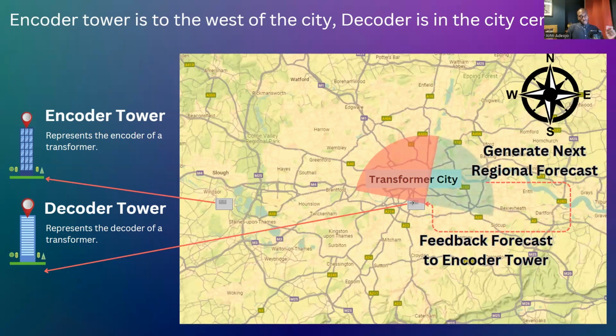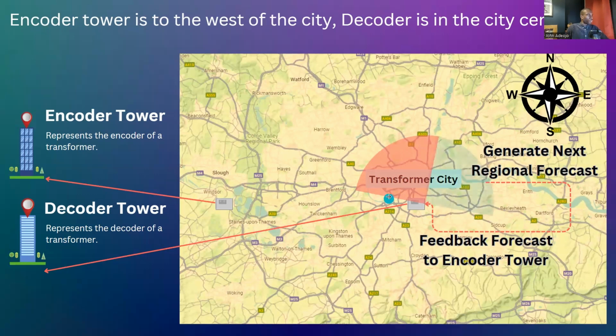Another thing that's really important to understand about the decoder tower is that it's not actually observing any weather data directly. Everything here that's been generated is a forecast. So we are using the data observed by the encoder tower as the context, and also the forecasts that were done in a more westerly direction to forecast what's happening in the east.